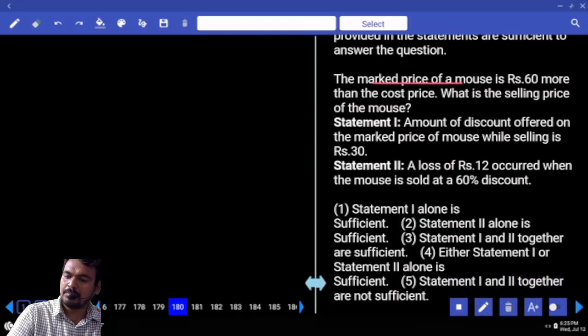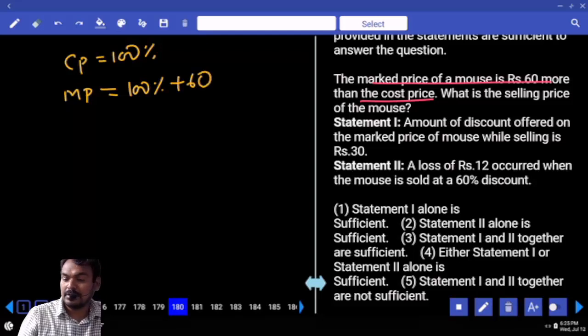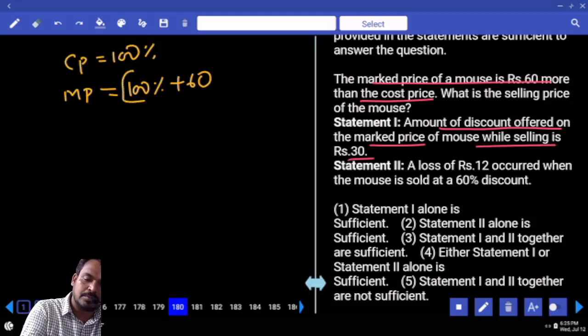First of all, market price compared to cost price, how many rupees more? 60 more. Suppose CP is 100%, market price is 100% plus 60. For the first statement, the amount of discount offered on the market price while selling is how many rupees? 30. Means out of the market price, how many rupees discount is given? 30 rupees.